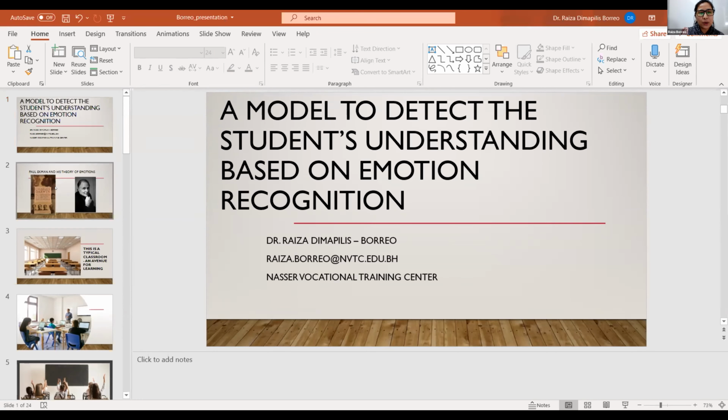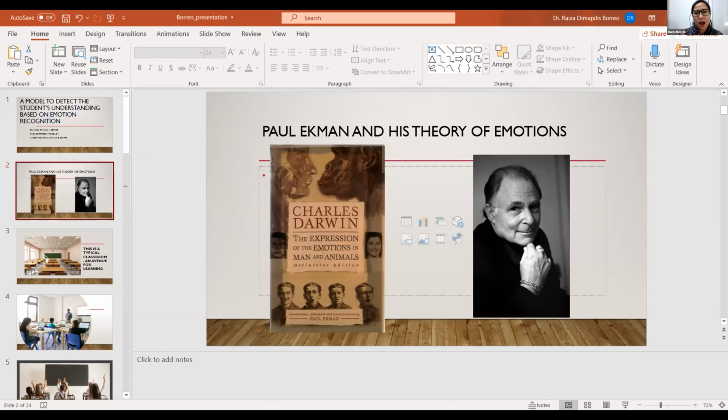Okay, so here is how the history of emotion recognition started. In 1872, Charles Darwin authored the book The Expression of the Emotions in Man and Animals, where he iterated that the expressions of emotions of man are universal, which means if you're in fear, you can show that on your face.